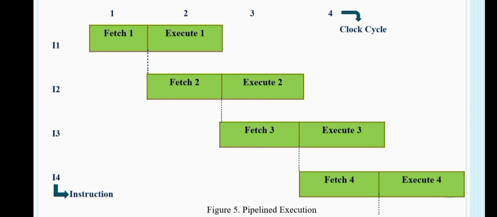Similarly, during the execution of instruction 2, fetching of instruction 3 will be started. Similarly, during the execution of instruction 3, fetching of instruction 4 will be started, and so on.